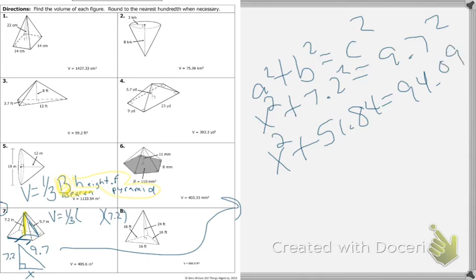We have that, 9.7 squared. Then we move across. I'm not going to teach you that algebra because you should already know it.